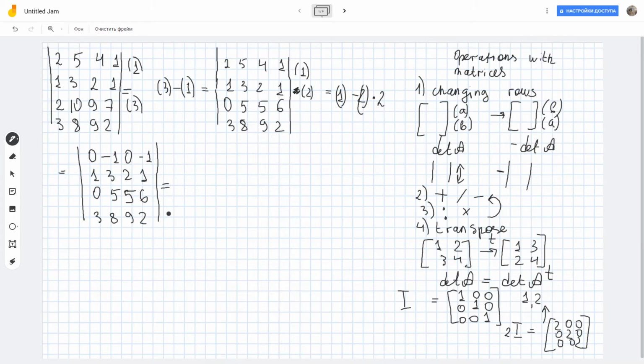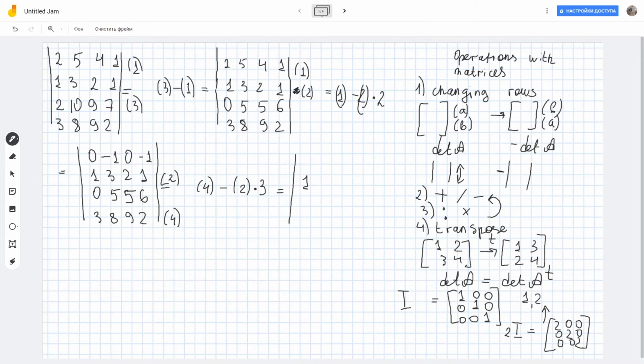So what else we can do with this matrix? We can work with the fourth row and the second one. So what we can do is we can take the fourth row and subtract from it the second row multiplied by 3. So what we will get?